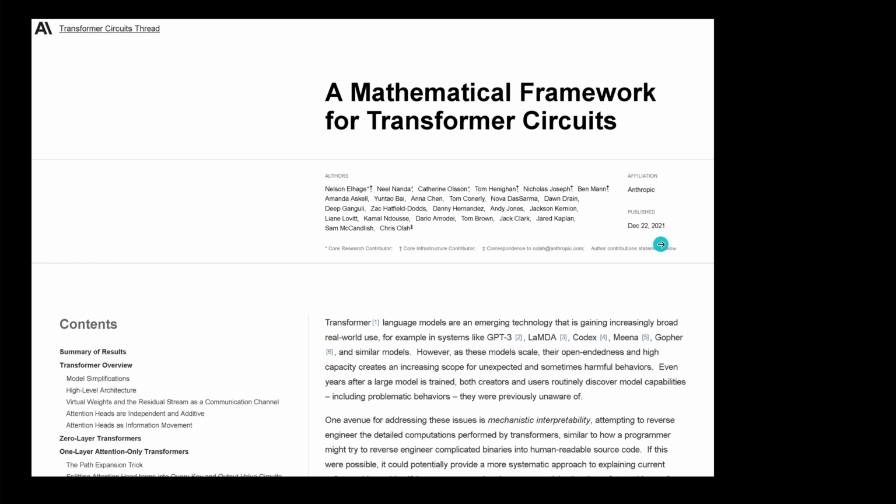However, already at the end of 2021, this is the first time I found the mathematical framework for transformer circuits. And in their circuit analysis, have a look at this. It's quite mathematically heavy, but they already found that there is specialization happening in the attention heads.